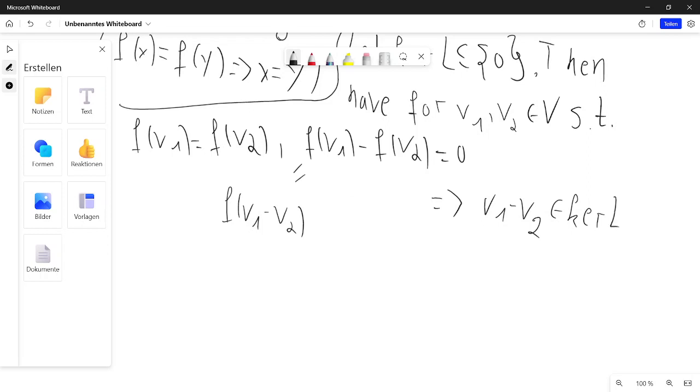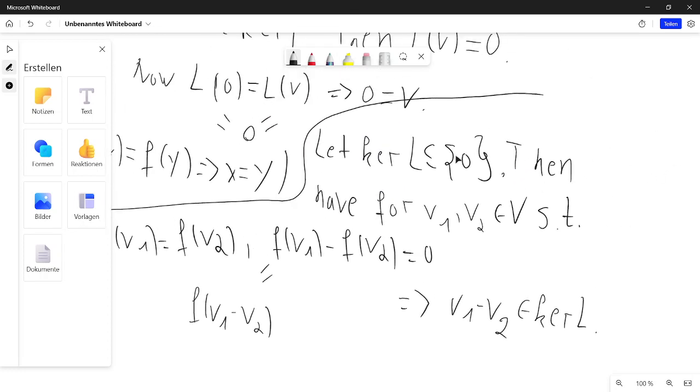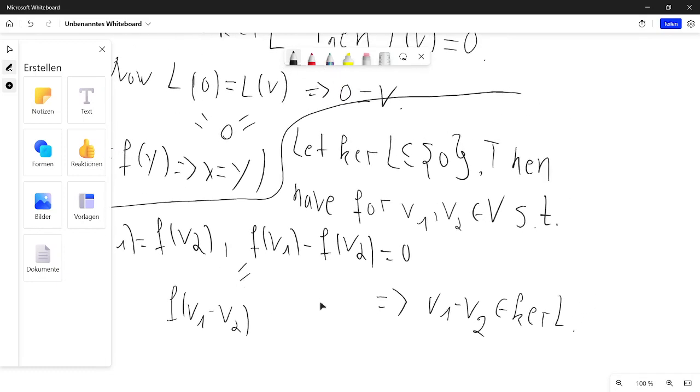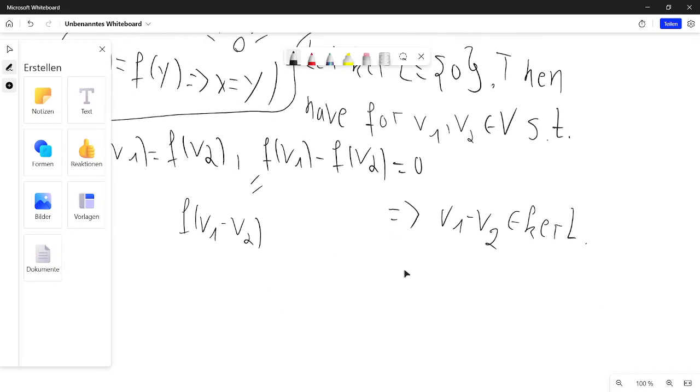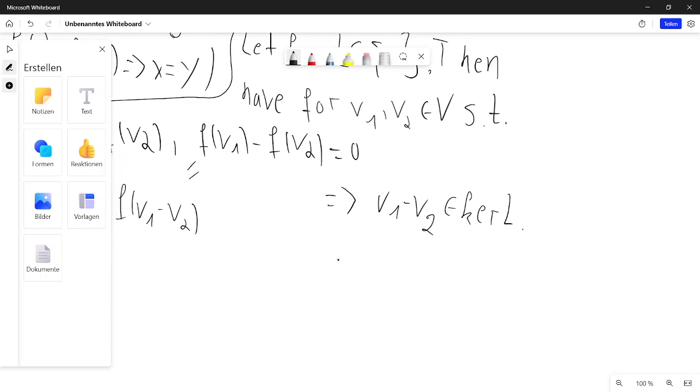We don't know yet if it is 0, but recall that we have now assumed that our kernel is actually equal to 0, because we already have 0 is in the kernel, and we now have assumed that the kernel of L is not containing anything but the 0 vector. It is equal to the 0 vector, right?